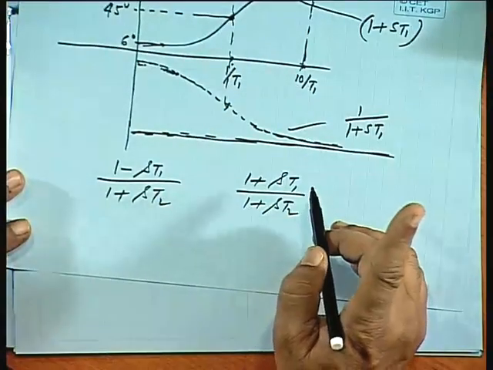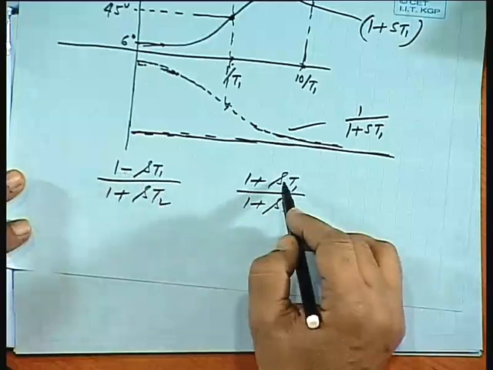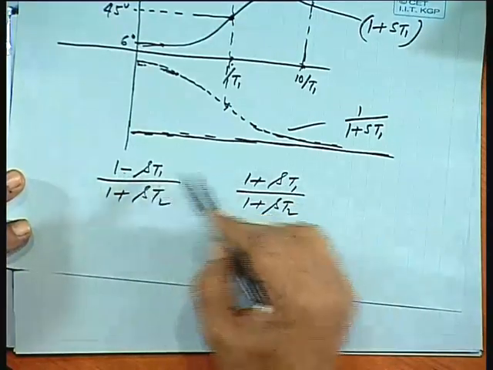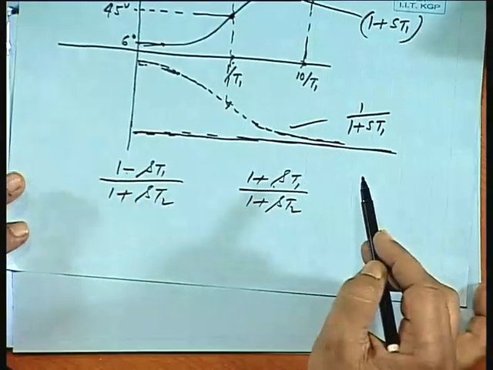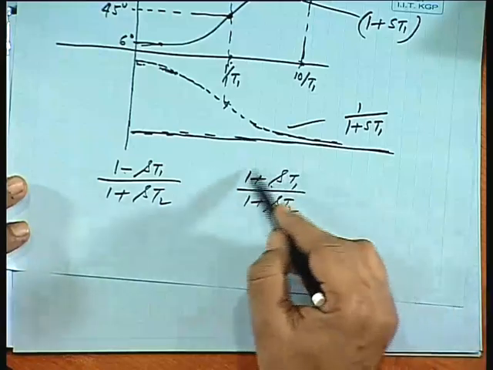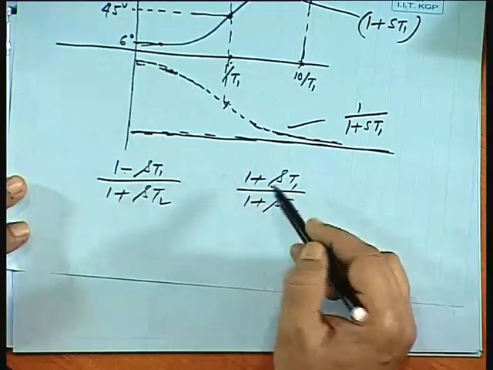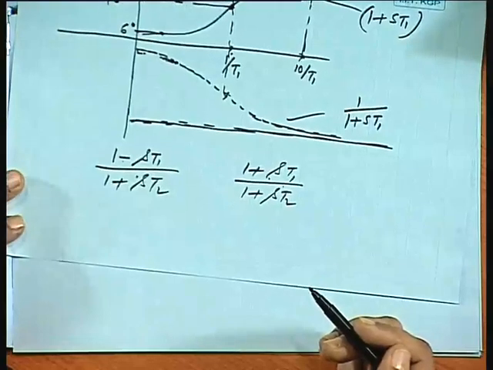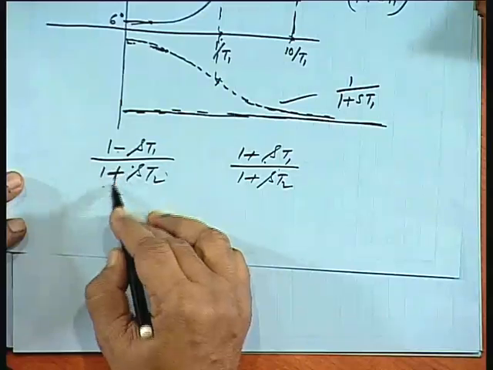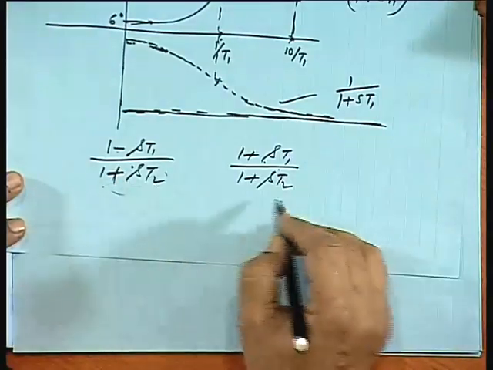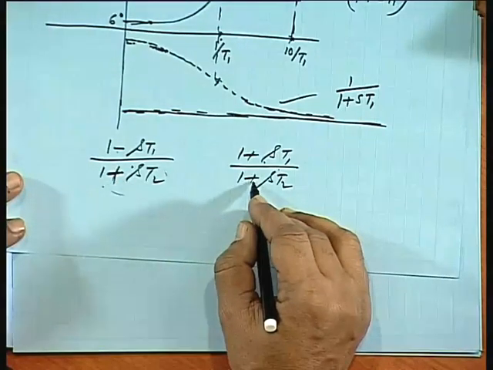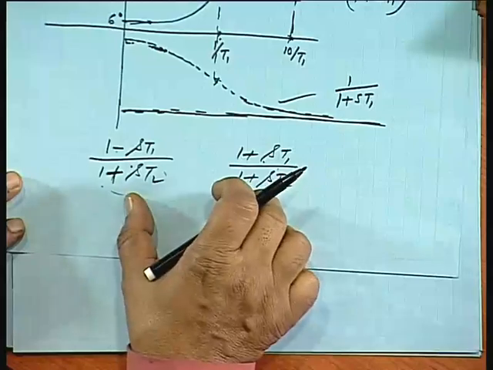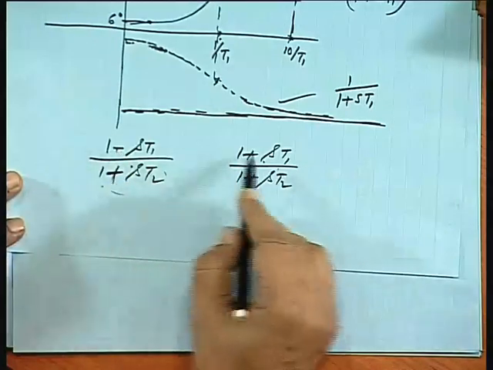That is, we would like to realize only those functions which have roots in the left half plane, that is the zeros also should be included in the left half plane. If that is so, then only we can realize this. It is not unique otherwise, it can be either this or this, alright. Even if it is stable, the denominator will be 1 plus sT2, I cannot put 1 minus sT2, then it will become unstable, but even for a stable system the numerator can be either minus or plus.